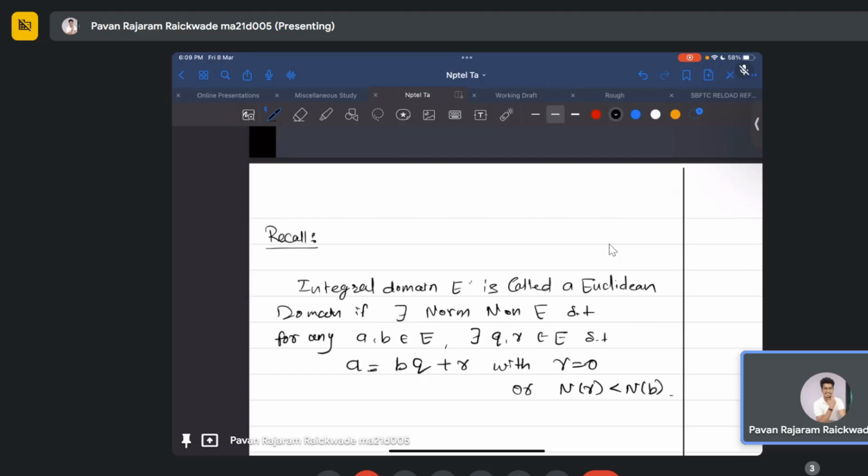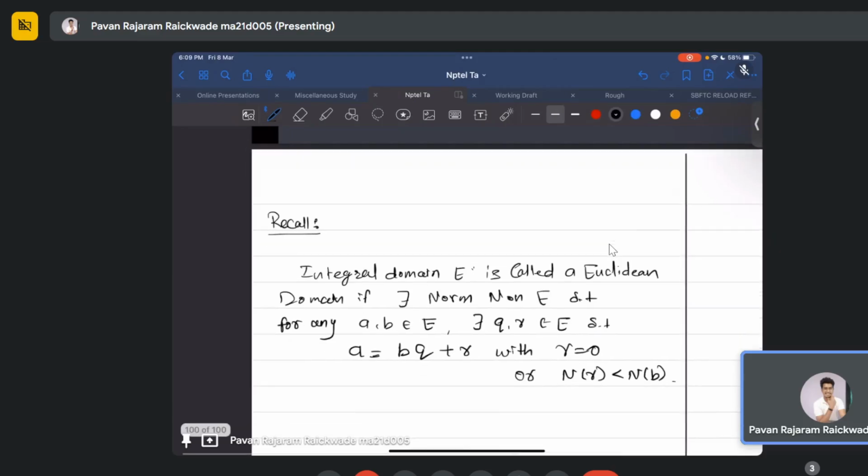If there exists such a thing, then you call the integral domain E a Euclidean domain. And what we have seen is that in a Euclidean domain, every ideal is principal.